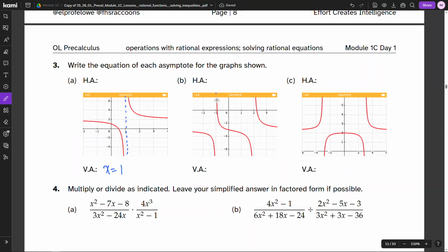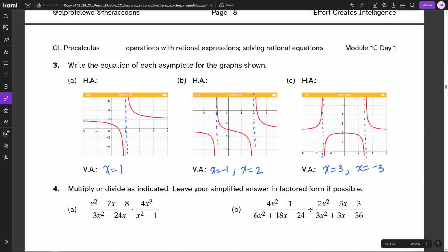Over here, it looks to be that we have vertical asymptotes at x is equal to -1, as well as x is equal to 2. And for this one, it's a little tougher to see, but it looks to be halfway between 2 and 4. So our vertical asymptotes would be at x is +3 as well as at x is -3.